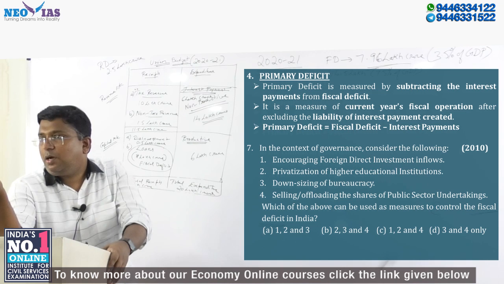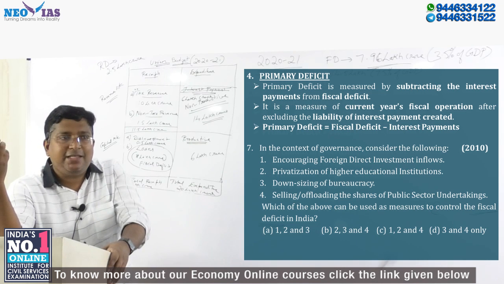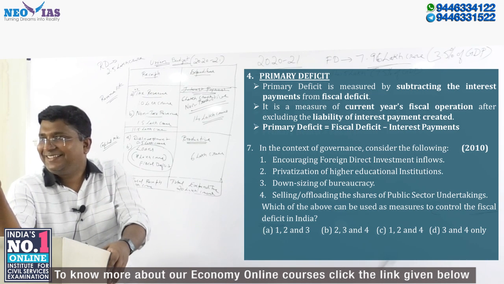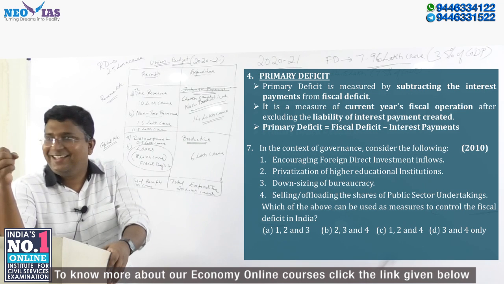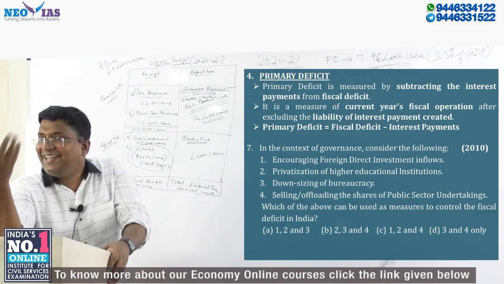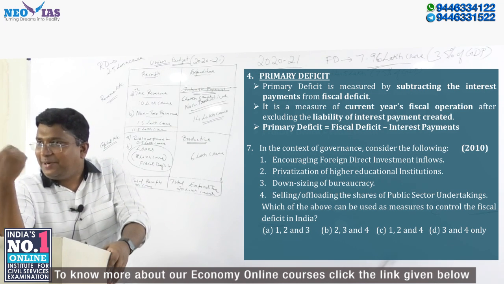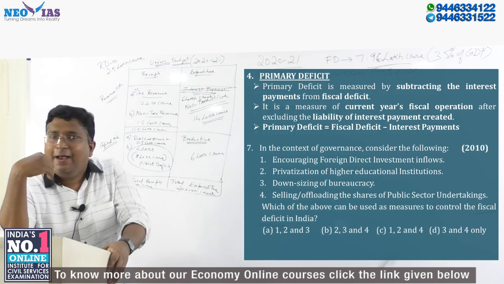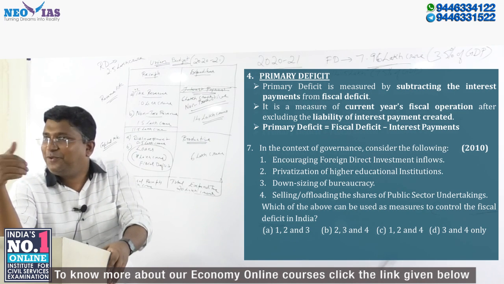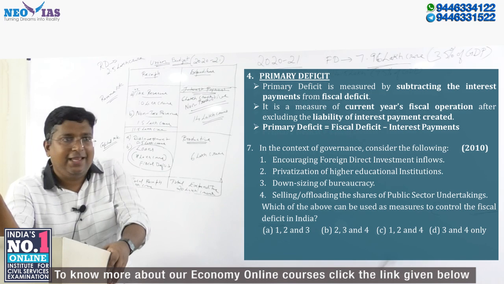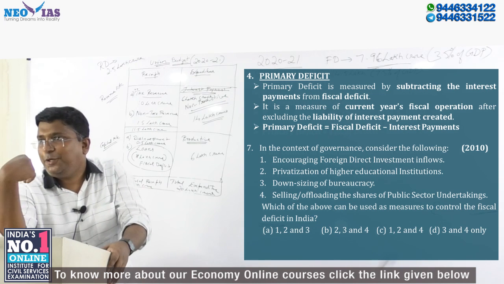So what will happen to the government? Do you think these universities are profitable? No. So if you sell it to them, the government will get money also, so it will increase the receipts and it is reducing the expenditure, future expenditure, and it is getting some revenue.